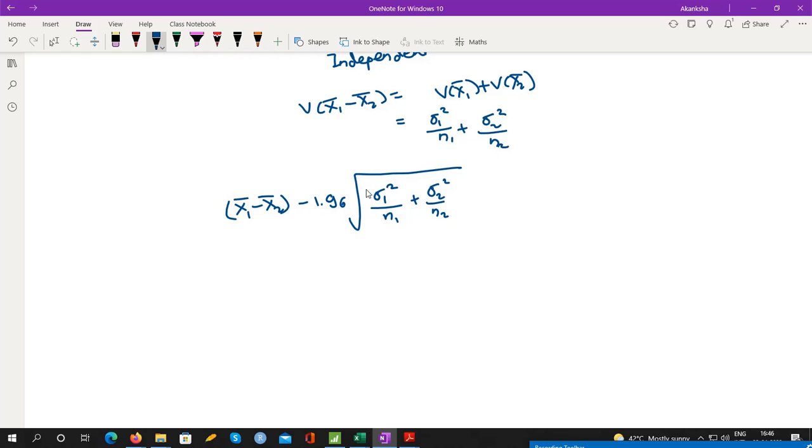Of course, sigma 1, sigma 2 would be unknown, so we estimate them using sample standard deviation, and the upper bound would be x1 bar minus x2 bar plus 1.96 times square root of sigma 1 hat square by n1 plus sigma 2 hat square by n2.